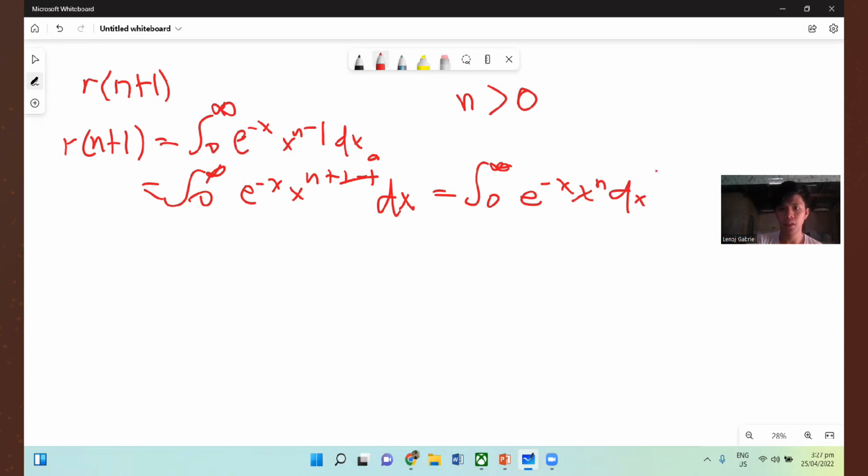From this equation, we see that ito yung binubuo ng algebraic terms and exponential terms. So we use integration by parts, let u, and then let dv.